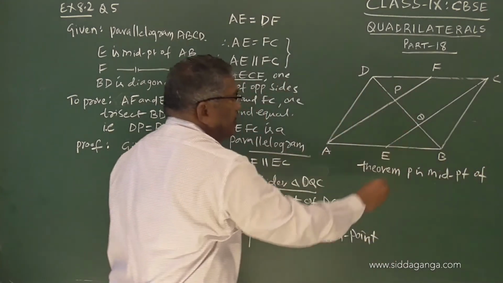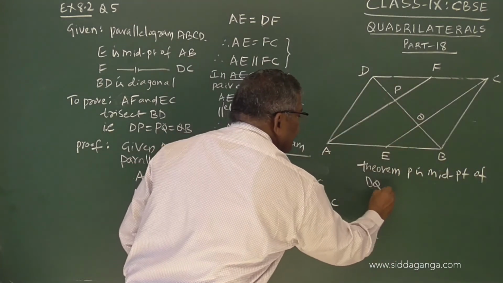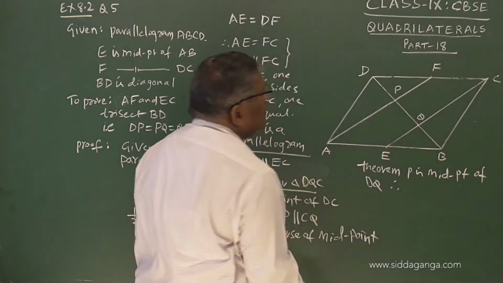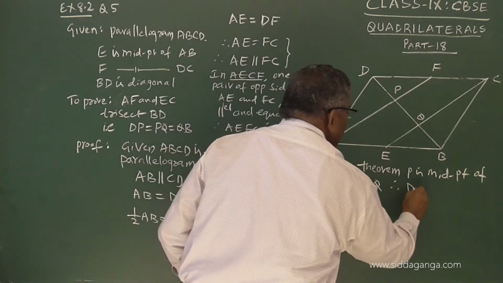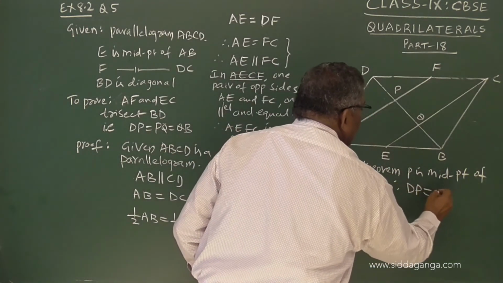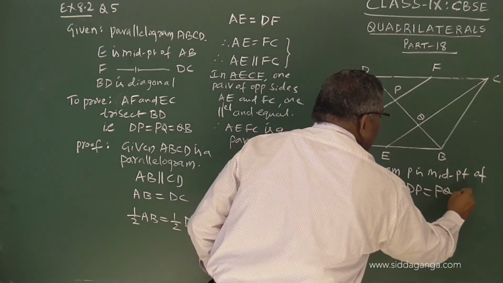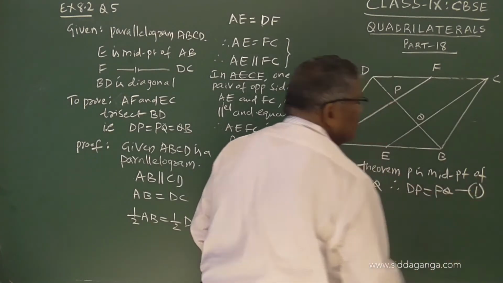So therefore DP equals PQ. So you call this equation 1.